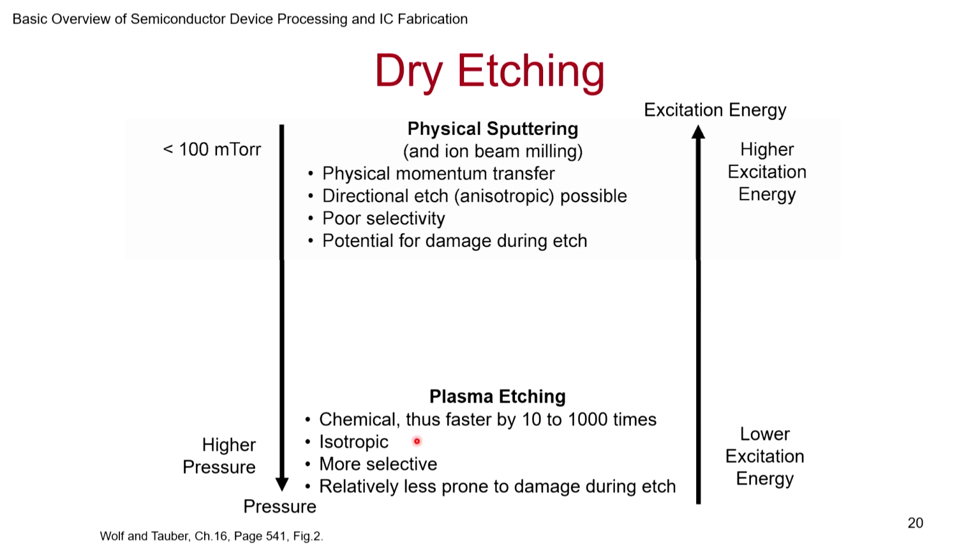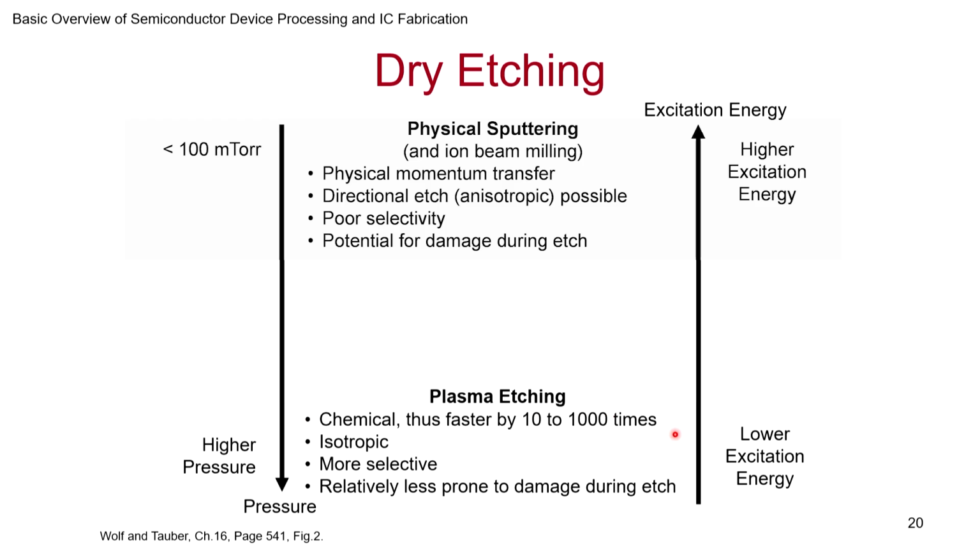It's also isotropic because the chemistry acts in all directions, unless the material itself has some anisotropy. It is very selective also because it's a chemical reaction. Unlike the physical process which is just bulldozing its way, this is selective, discerning. Whatever it can react with, it will react very fast, with less damage. So the first process is highly physics based, a physical brute force method.